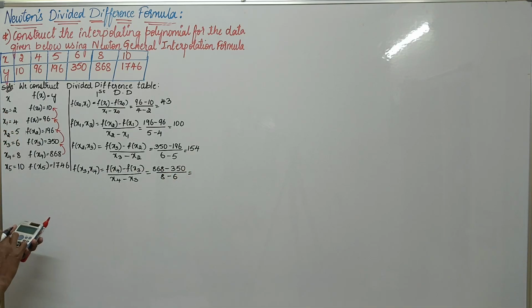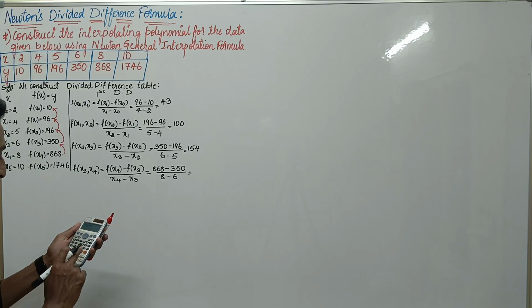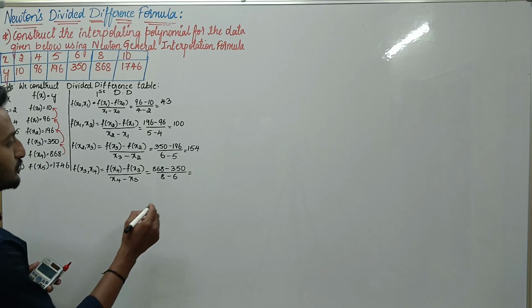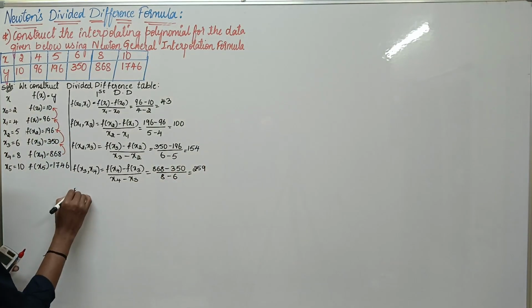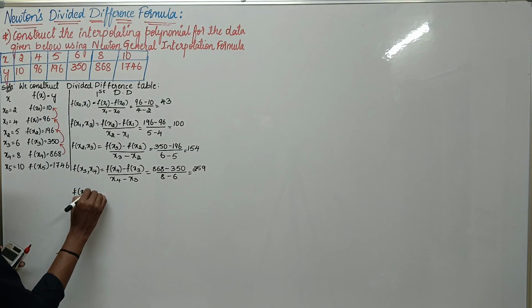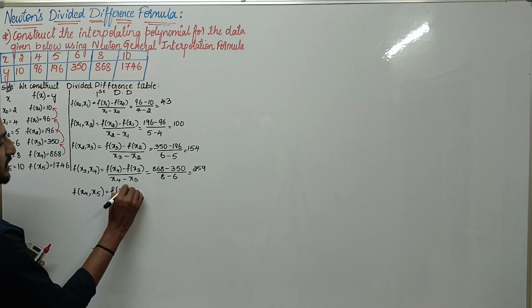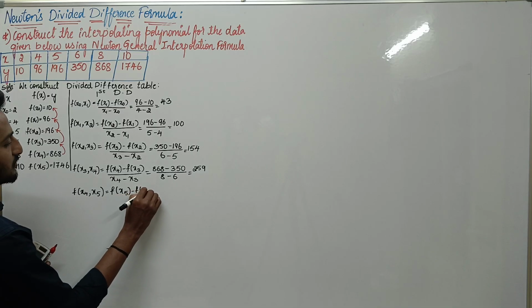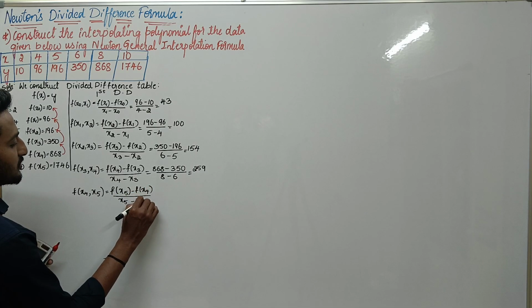Again using the calculator, 868 minus 350 divided by 8 minus 6, we get 259. We get 259. Next we have f of x4 comma x5, which is equal to f of x5 minus f of x4 whole divided by x5 minus x4.